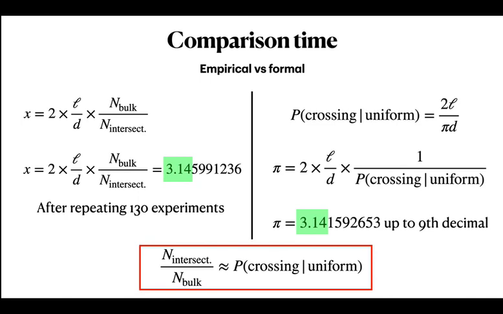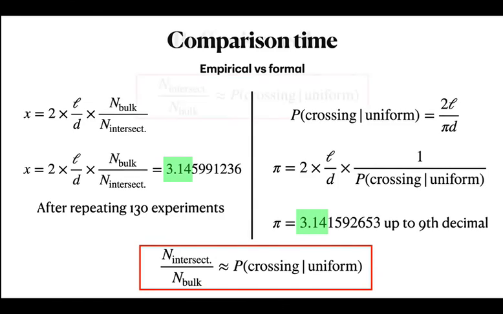We can suggest that the ratio of the number of pens that have been put on the floor without touching the edges is approximately the same as the probability for a crossing to occur under the assumption that all outcomes are equally likely. And that's the interesting bit. That's how you make the connection between something which is due to empirical mathematics and something on the right-hand side which is purely formal and in some sense coming outside of a game.